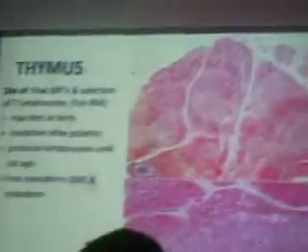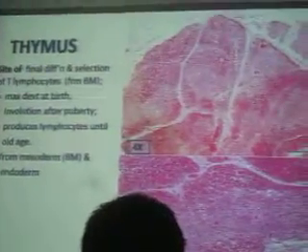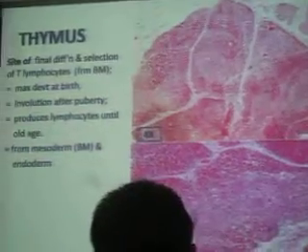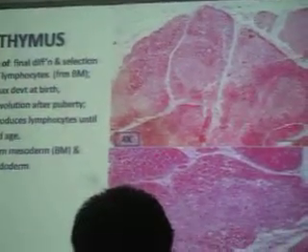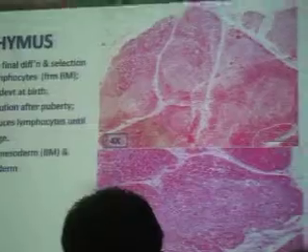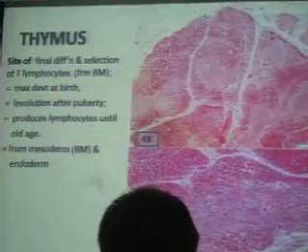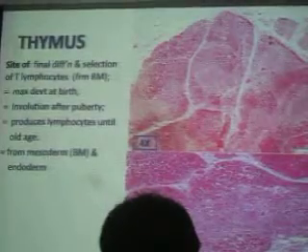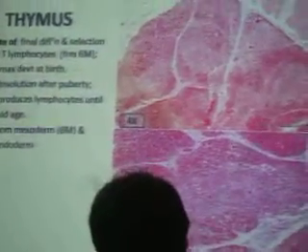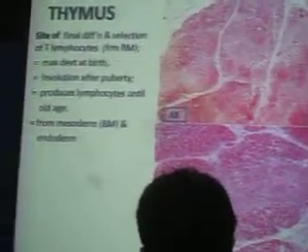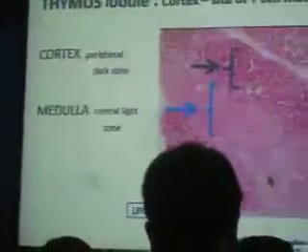Mesoderm, because your lymphocytes, bone marrow, are from mesoderm, and then your epithelial cells here are from your endoderm, specifically your third and fourth pharyngeal pouches. Endoderm, okay?